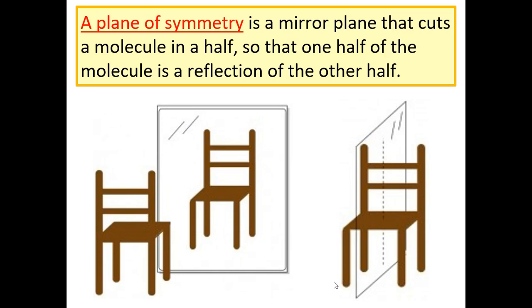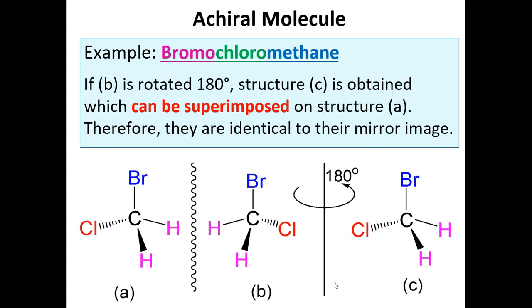A plane of symmetry, for example, we have a chair. Half of the chair can be overlapped onto the other, so it is achiral. When half of the molecule reflects the other half. For example, the molecule bromochloromethane is an achiral molecule.